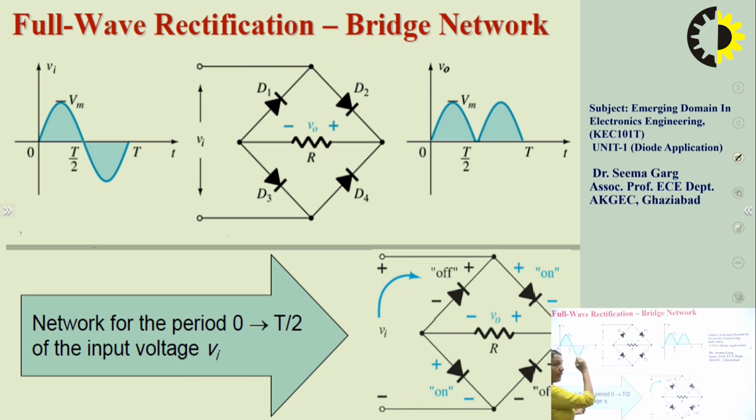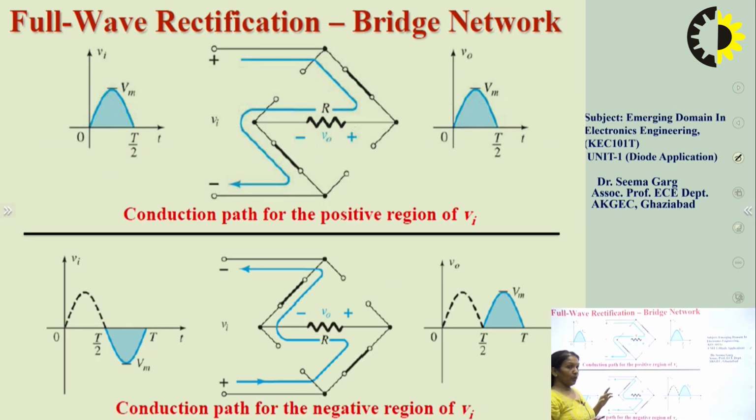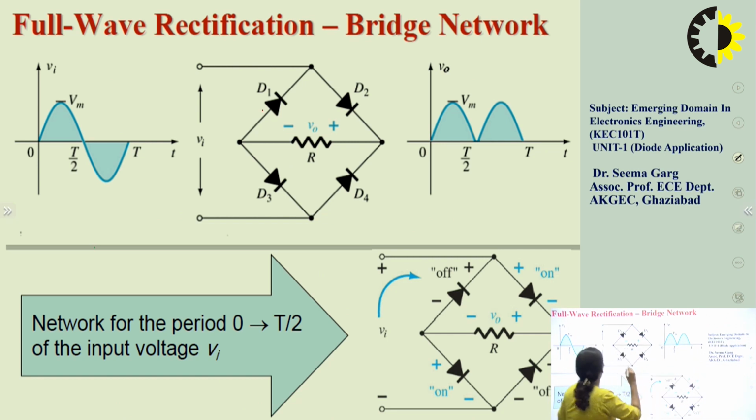Now, let us first of all discuss the working of the bridge rectifier. Here we have 4 diodes, and it is very important to note that the direction of the diodes which are present in the parallel arms is the same. So here, during the first half cycle, 0 to T by 2, this is terminal A and this is terminal B. Terminal A will be at positive potential and B will be at negative potential.